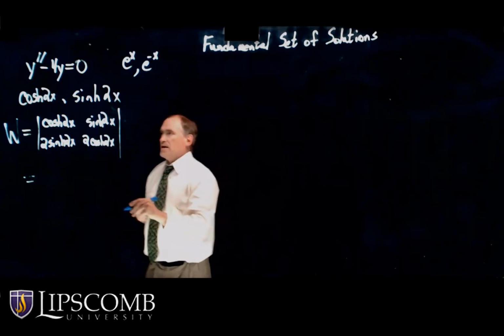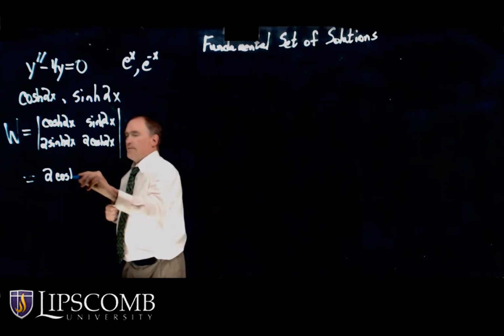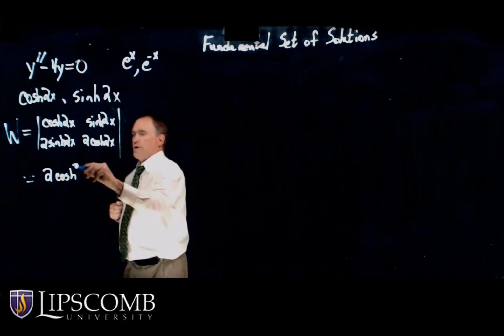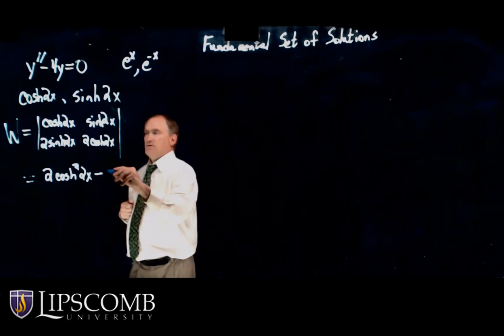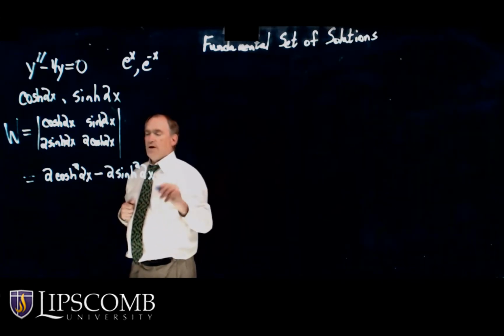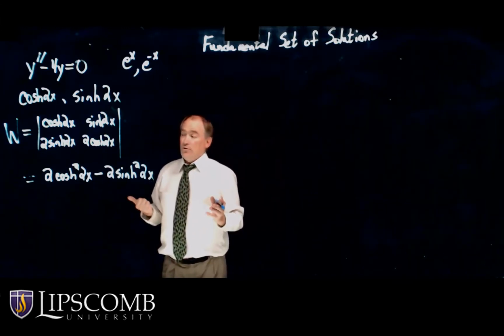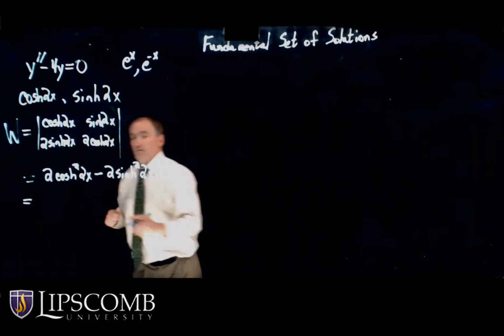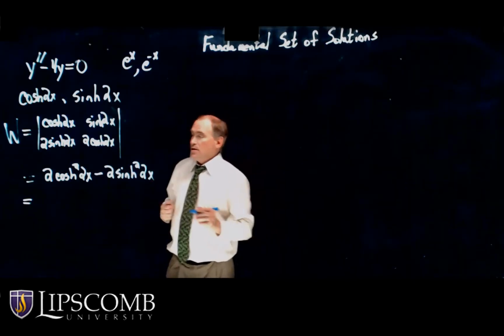So what do I get here? I get 2 hyperbolic cosine squared 2x minus 2 hyperbolic sine squared 2x. So you can break it down, if we don't have the identities memorized, which is fine.